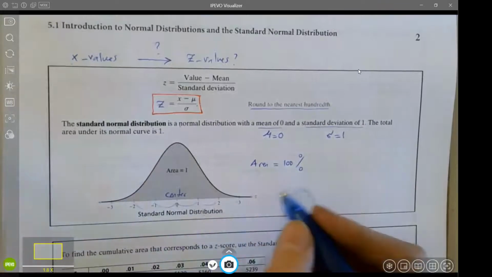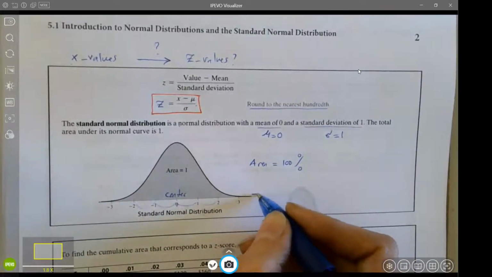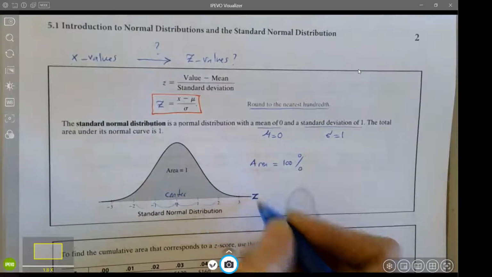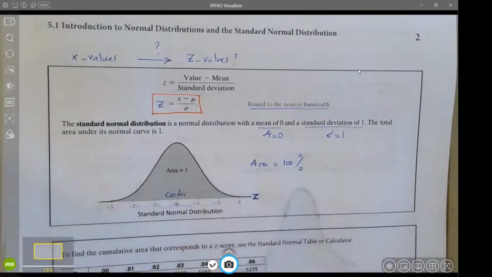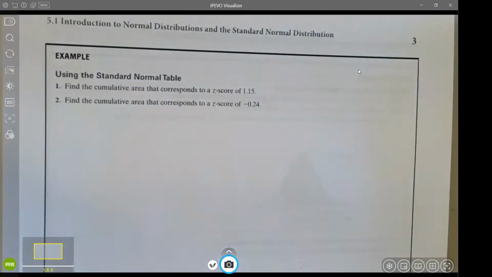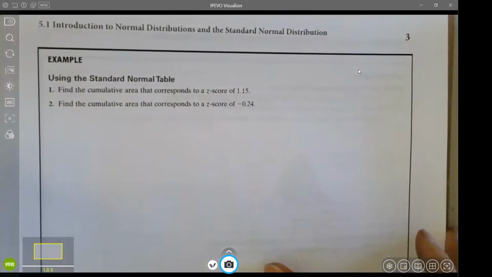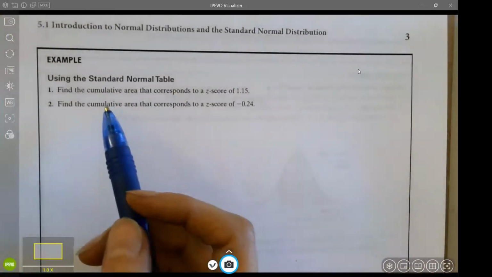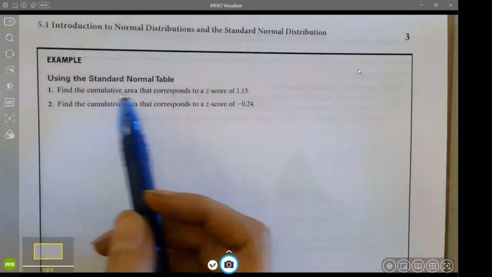On the horizontal axis, instead of having X value, we have Z value. So what's the use of Z?